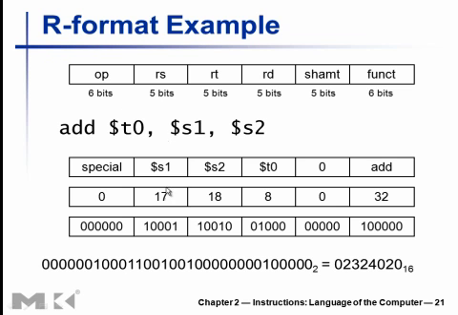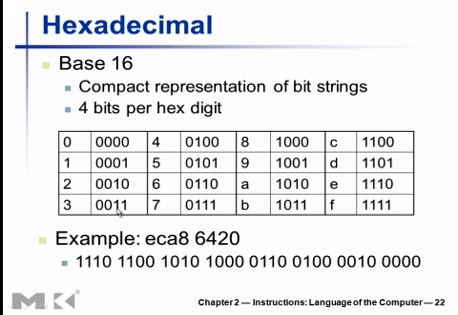Sometimes this binary representation is not really convenient, so we normally put the representation into hexadecimal. In order to convert binary to hexadecimal, basically you group from the right-hand side, 4 bits at a time, 4 bits a group, all the way to the left.